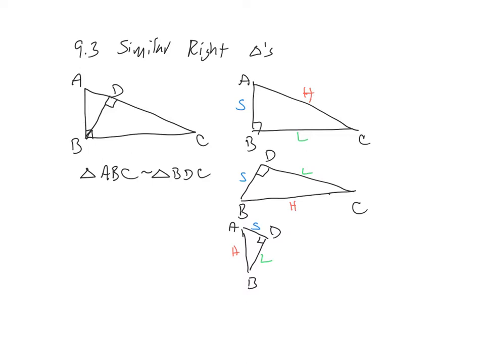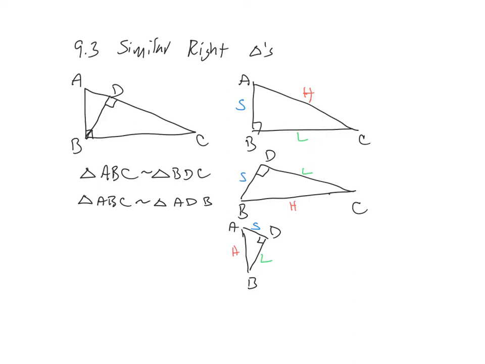On this one, BD is the shortest side, and then it goes to the C. If I said ABC is similar to the bottom one, AC is the hypotenuse, so the hypotenuse here is AB. I'd have A at the beginning and B at the end, and the D goes in the middle.